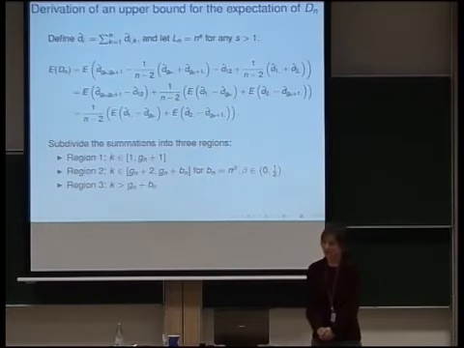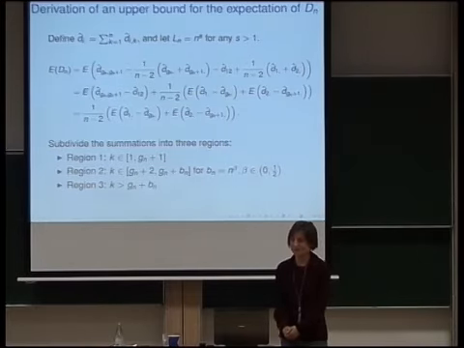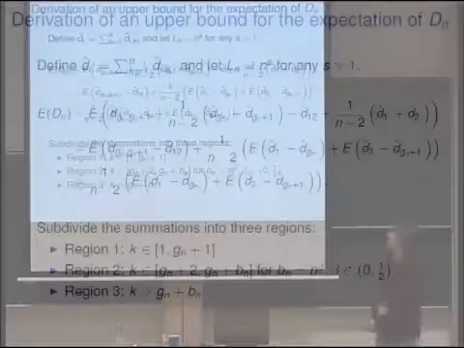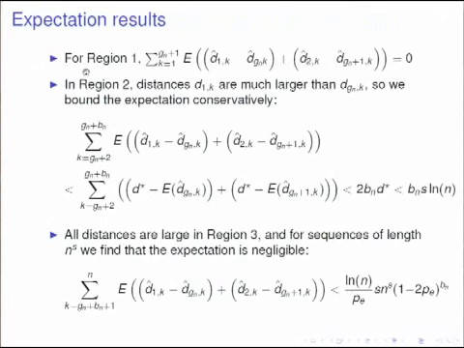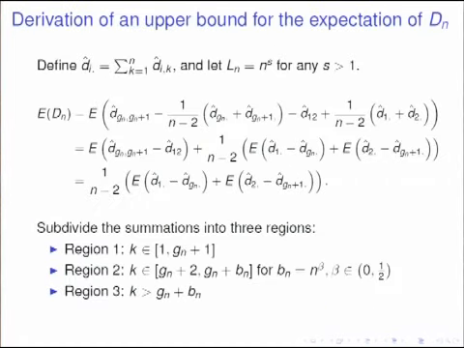All right. So here things get a little technical, well, for a while. If we let d hat i star simply be the sum of all of the pairwise distances from i to all the other sequences k, and we let L sub n, our sequence length, be n to the s, so our polynomial sequence length, then formally, the difference dn, if we just plug in the neighbor joining criterion here, the first line is simply the difference between the two criteria.